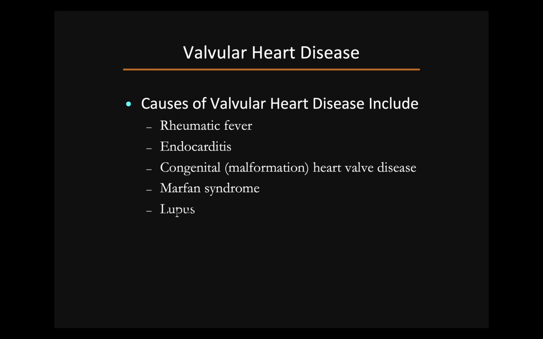And then we also have lupus, which is an autoimmune disease that attacks the various cells of the body, including the heart valves. We're going to talk in more detail about rheumatic fever and endocarditis as we go along. And then aging also can cause issues with the heart valves.